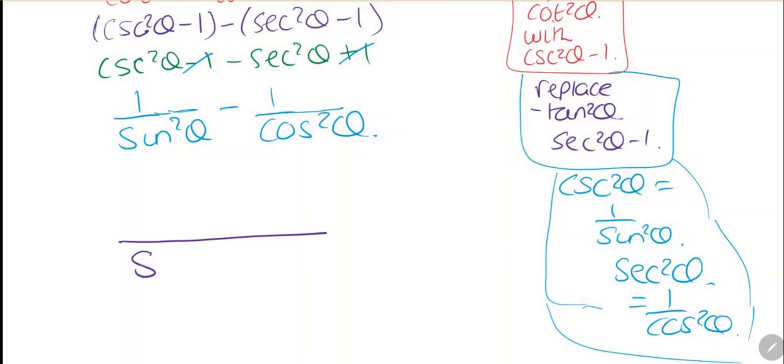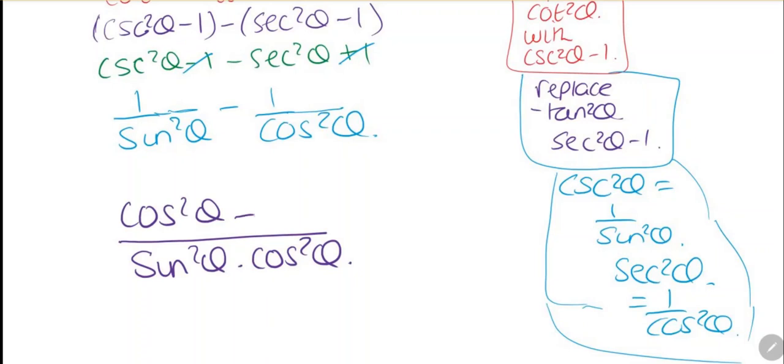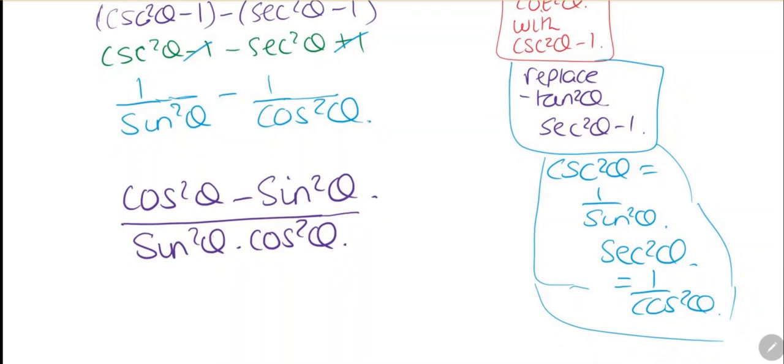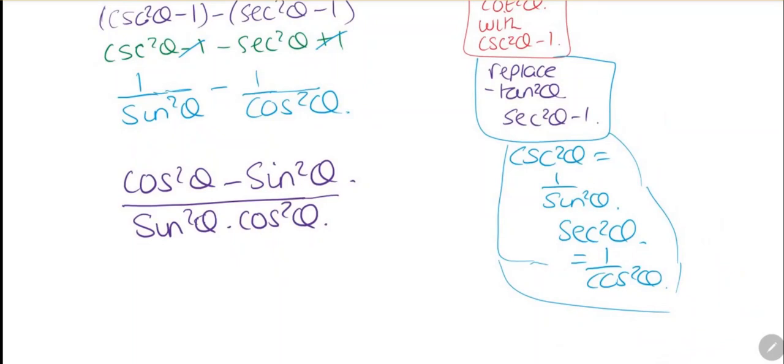So on the top we're going to have sine squared theta multiplied by cosine squared theta, and then cosine squared theta multiplied by 1, and this is going to be minus sine squared theta. So I've just cross multiplied and put over the lowest common denominator to make the terms the same.